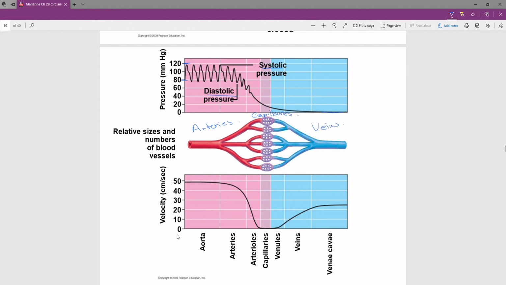The other interesting thing, I like graphs a lot. This is the velocity. It goes real slow so it can have all that diffusion happening at the capillaries, and then it speeds up again, kind of like streams joining a river and the flow rate increases.